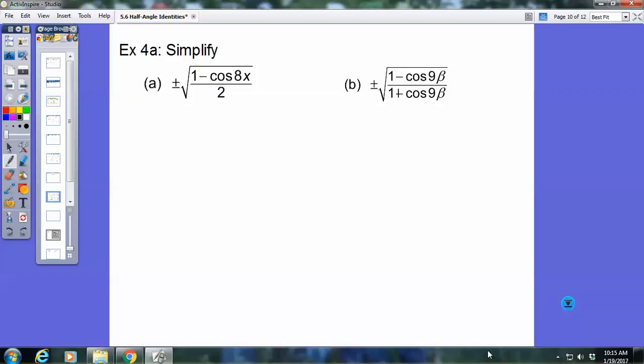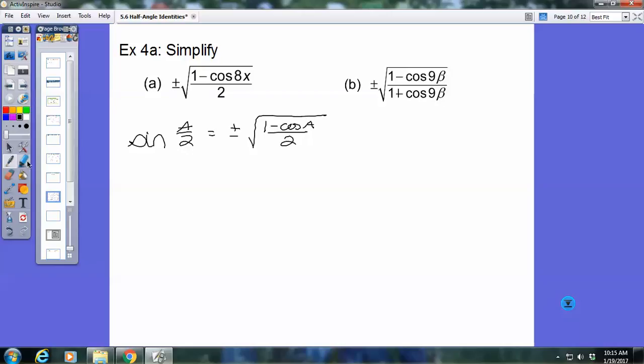Alright, all we're really being asked to do here is practice using your formulas. Find a formula that looks close to this. So you're looking at your flip chart, you have plus or minus the square root of 1 minus cosine something over 2. Which formula does that look like? Okay, so let's write down our formula. Sine of a over 2 equals plus or minus square root of 1 minus cosine a over 2.